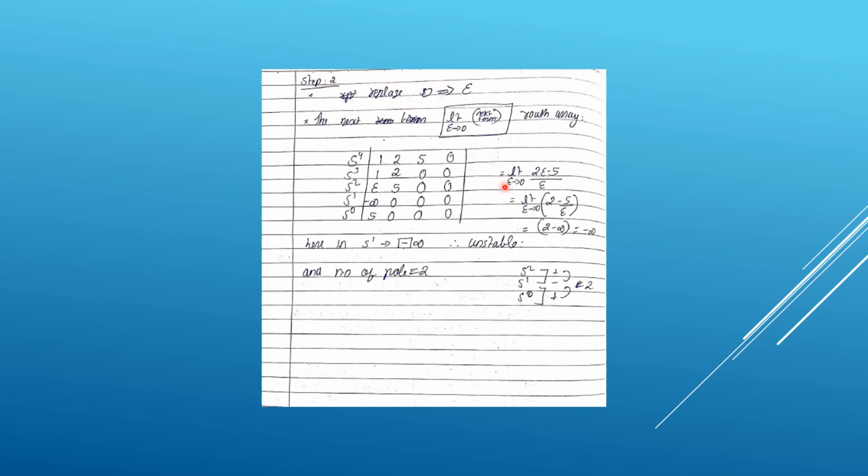Okay, I have solved the limit separately here. 2 minus 5 by sigma, put sigma tends to 0, you will get 5 by 0 as infinity. So 2 minus infinity, that is minus infinity, since any value with respect to infinity is minus infinity only.